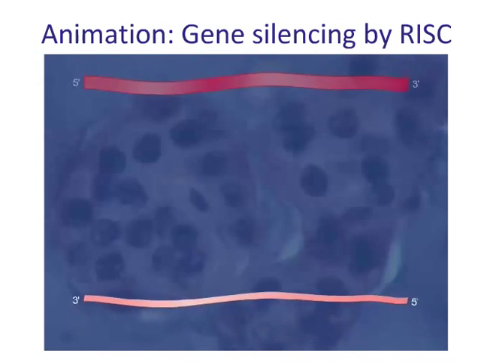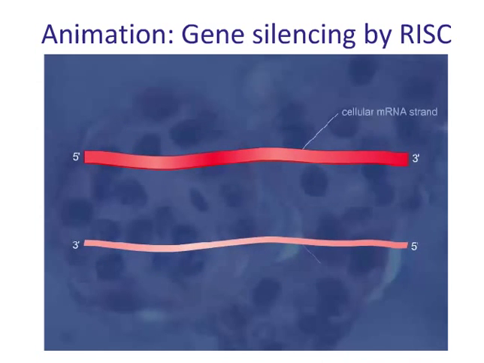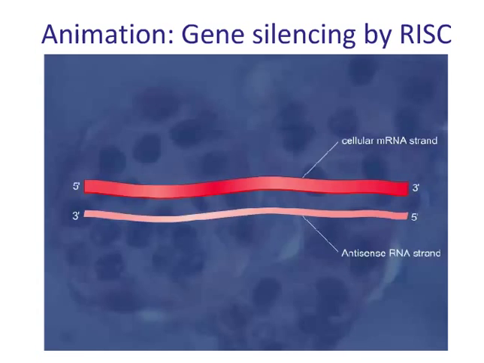RNA interference is a mechanism of silencing gene expression after the gene has been transcribed. This interference is due to the presence of antisense RNA, which is complementary to a specific cellular mRNA. The complementarity between the antisense RNA and the cellular mRNA causes the two molecules to bind to each other.